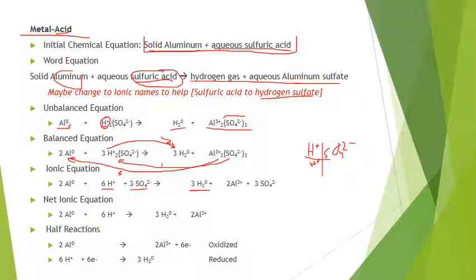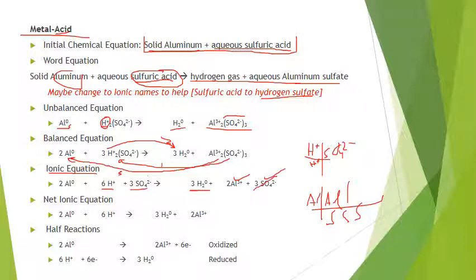Nothing happens to this. And the aluminum sulfate, well, there's 2 aluminums and then there's 3 sulfates. I'm not going to write SO4, just S. And so you have 2 aluminums and 3 sulfates. And there's your ionic equation.